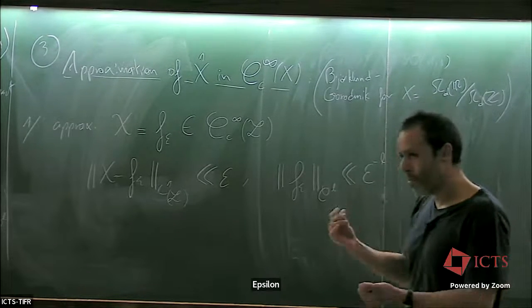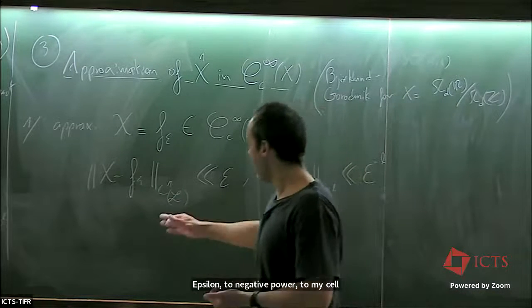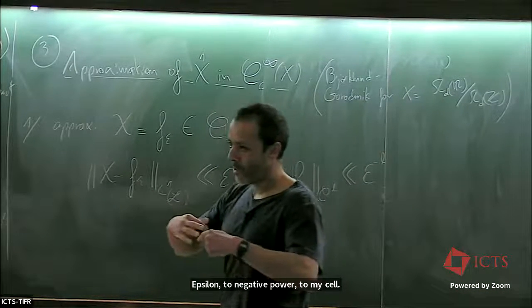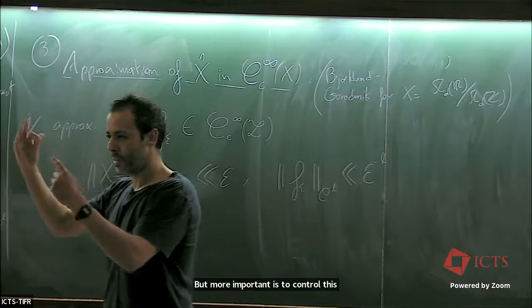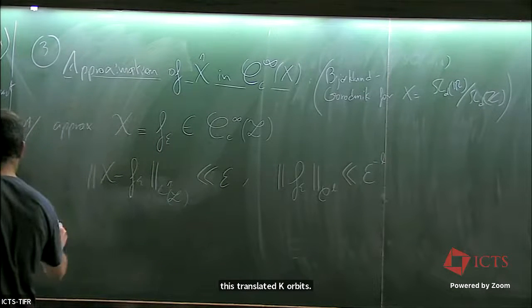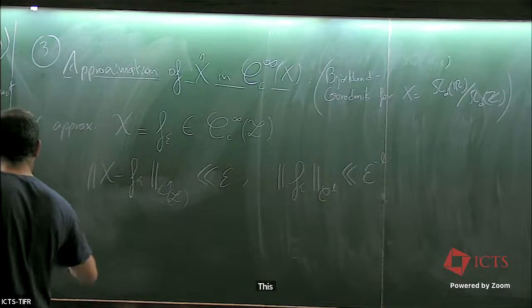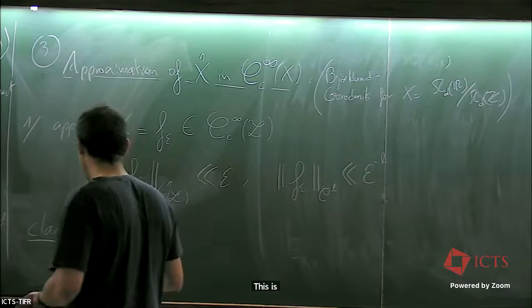But more important is to control this approximation on these translated K orbits. This is what is more specific in this case.